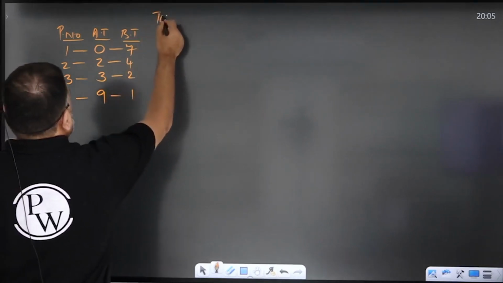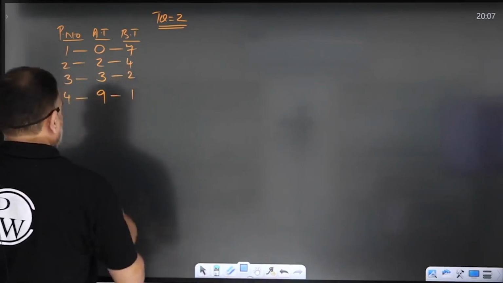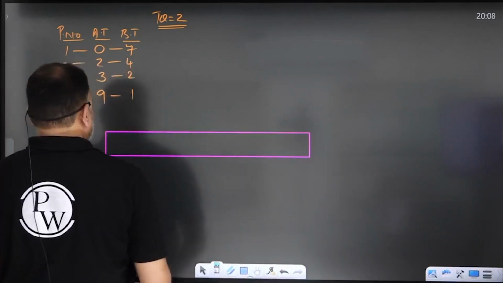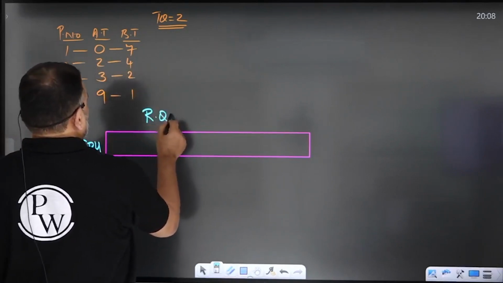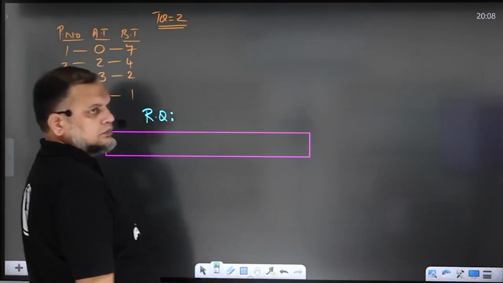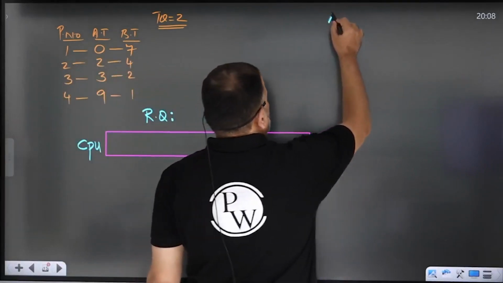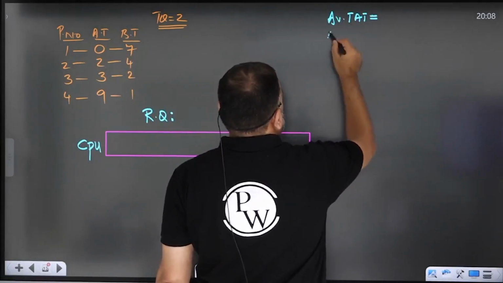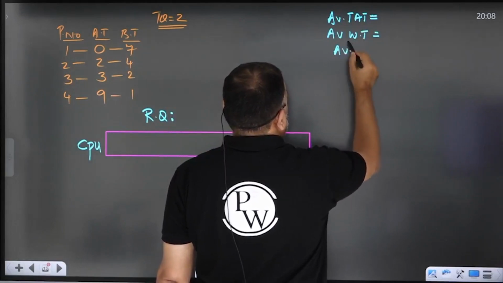Take time quantum equal to 2 units and repeat the problem, please. Compute average turnaround time, average waiting time, and average response time.